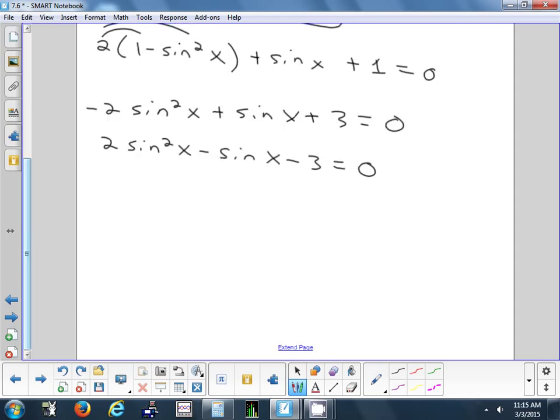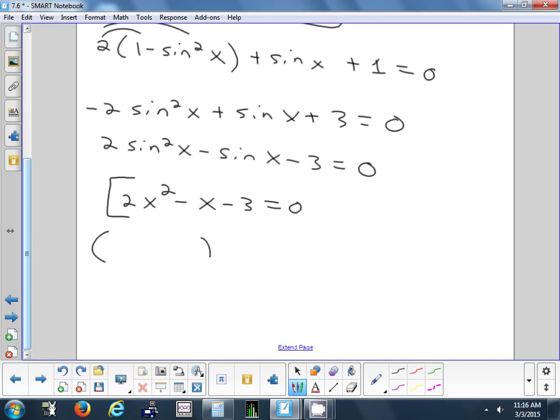Okay, now we're going to try to factor that. Factoring this is just like factoring this. You can factor 2x squared minus x minus 3, and write the answer down. Whatever you have for x's, when we're done, we have to erase it and fill in sine x, because it's not really x, it's sine x. But visually, some people just find this easier to look at.